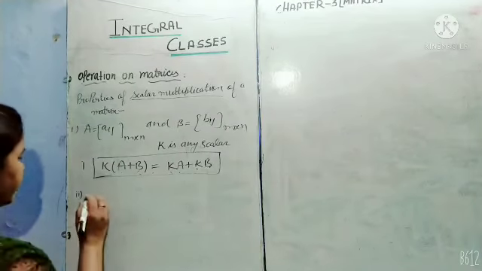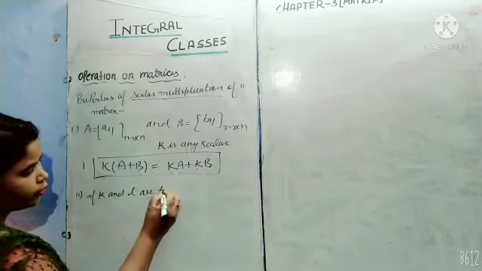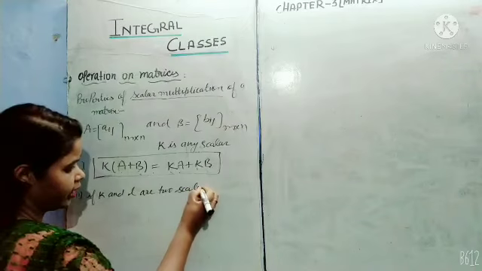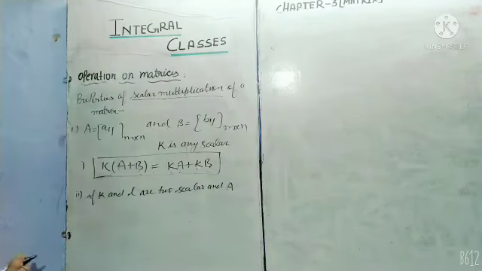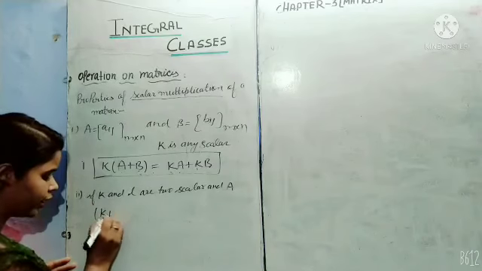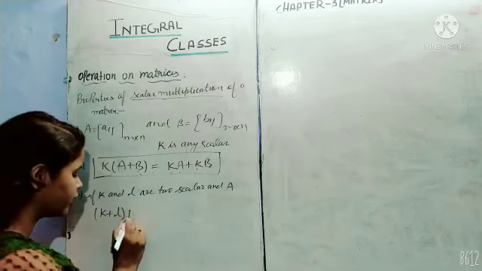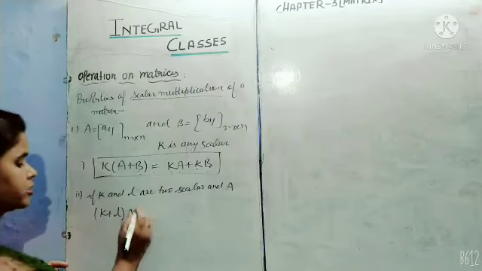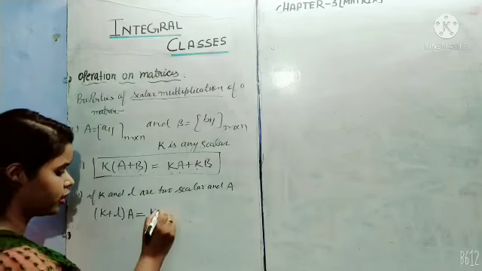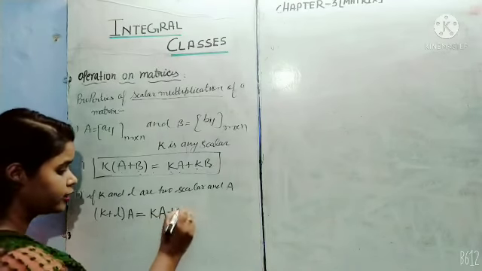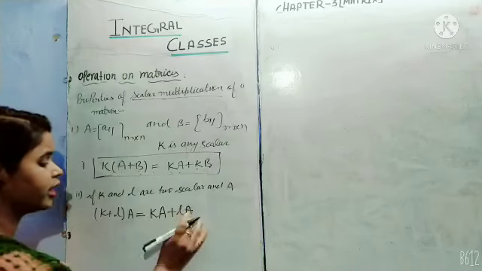And secondly, if K and L are two scalars and A is a matrix, then first we add these two scalars, and after adding them we multiply by matrix A. We get the same result if we multiply the first scalar with the matrix and the second scalar also with the matrix, and then add them.